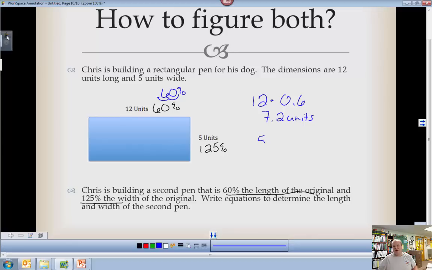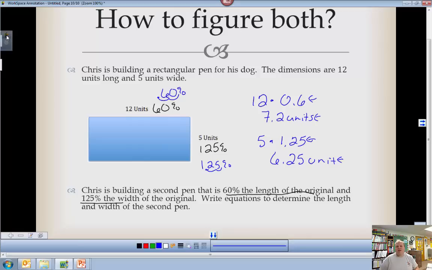And I can take 5 times 1.25. Why 1.25, you might ask? Well, I have 125%. I want a decimal, go 1, 2. 5 times 1.25 is going to be 6.25 units. So this would be my equation, and this would be my answer.